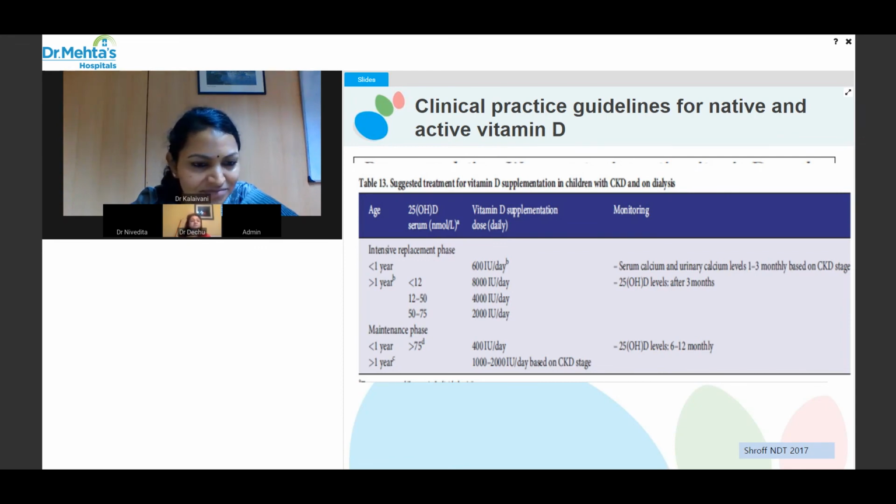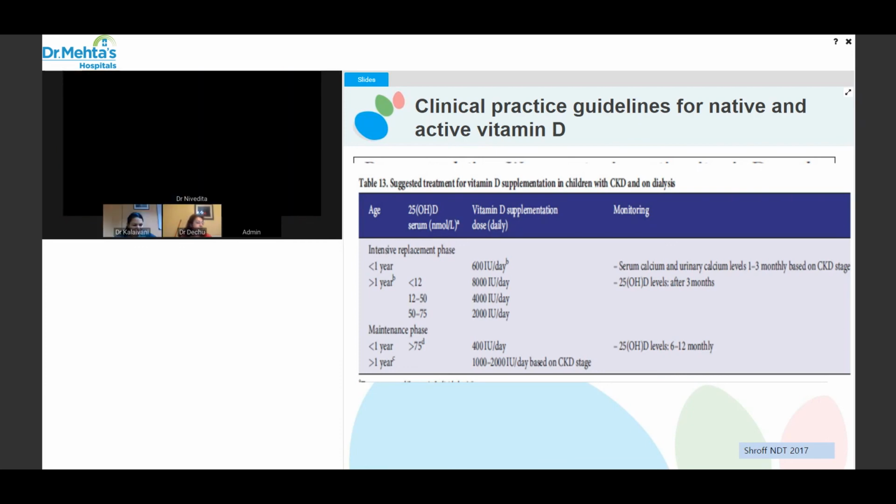So primary hyperoxaluria is one of the important differentials if you're looking at an infant with CKD or ESRD, because, especially PH1, can occur very early in infancy.